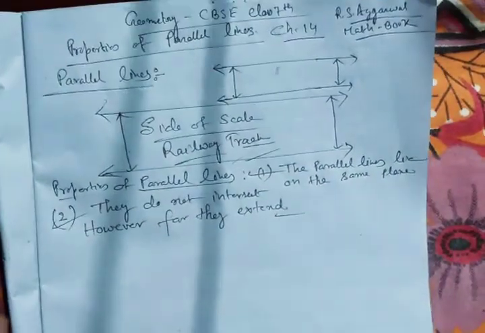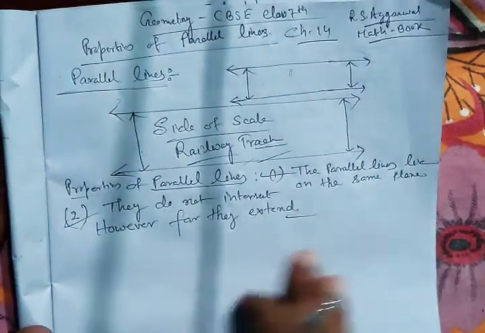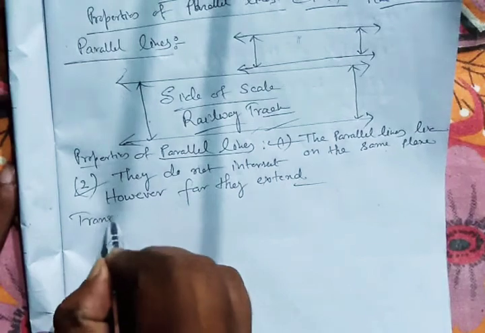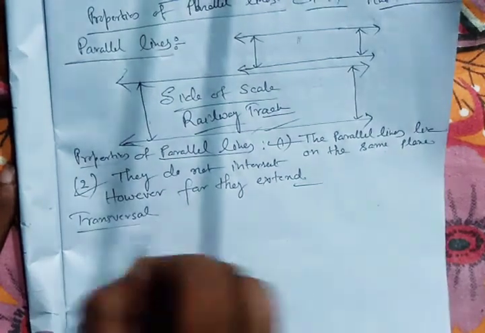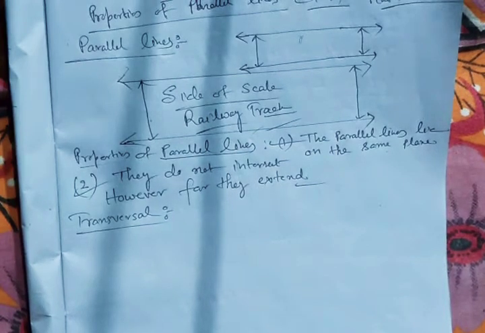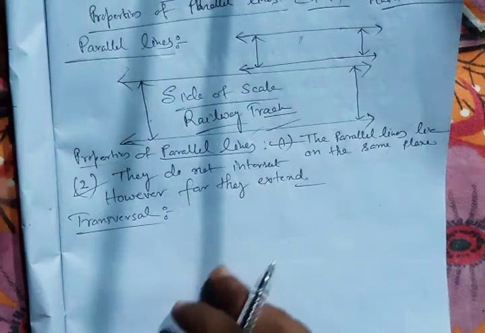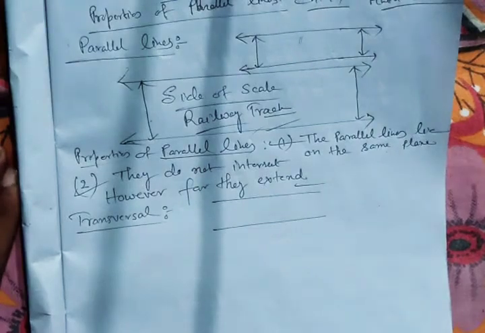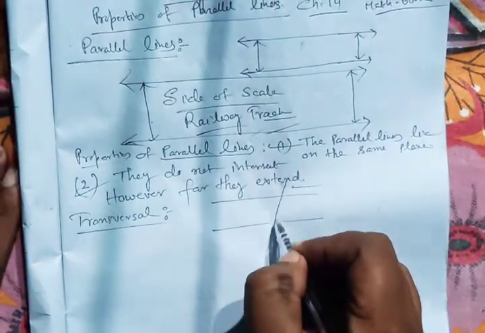Next, come to the transversal. What is a transversal? A line which intersects two or more lines at distinct points is called a transversal. That means, suppose we take these two lines, and one more line.